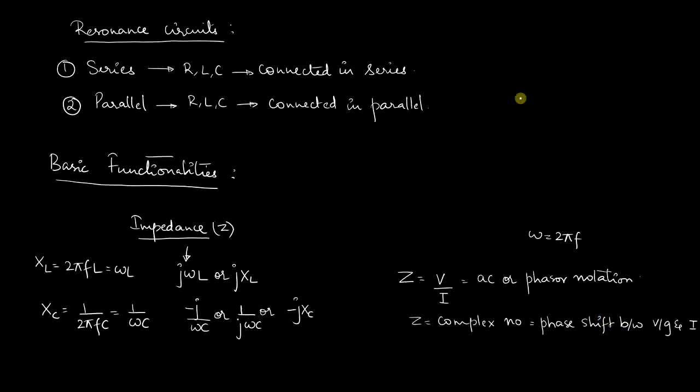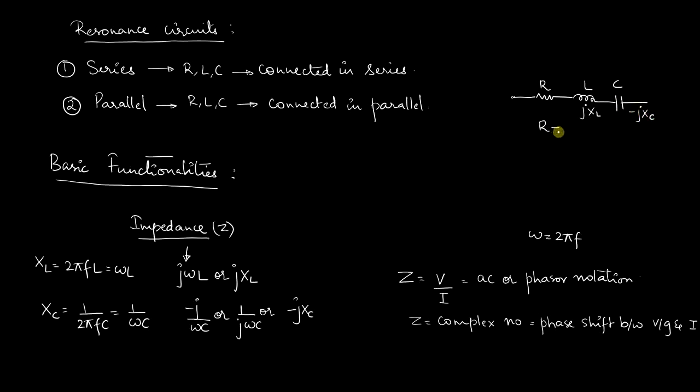Say I'm considering a series circuit. I will have a resistance R, an inductance L and a capacitance C. If I am supposed to compute the total impedance of this circuit, I can write this as R, plus jXL, minus jXC.